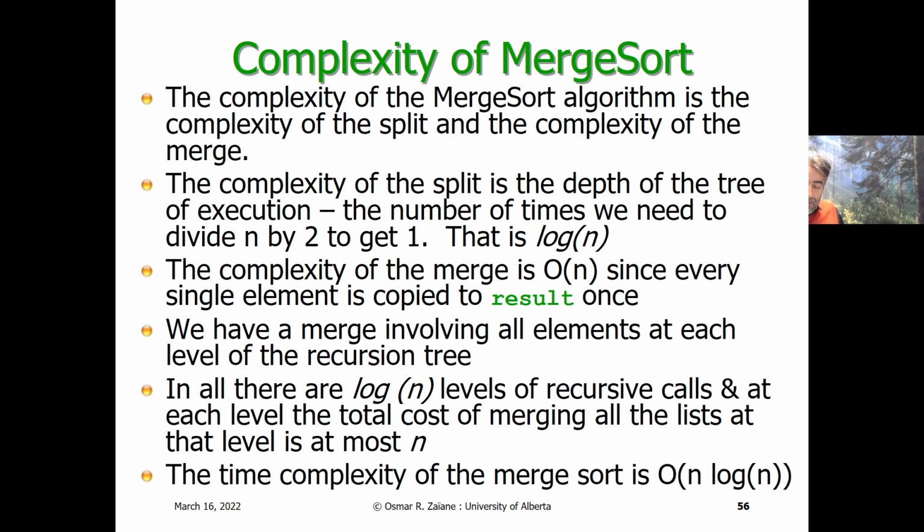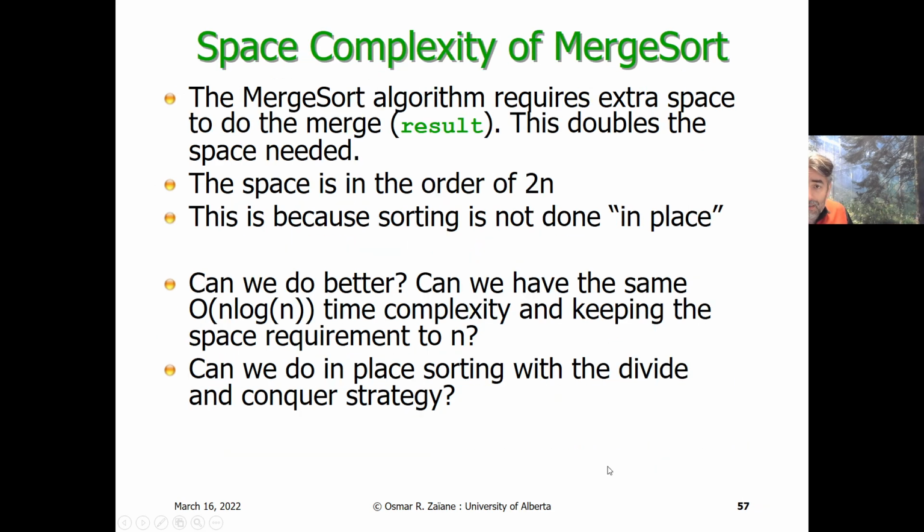Here, because I need that green basket, I need extra space. How much extra space? Well, I need n. So my space complexity, in order to do the merge sort, because of the merge, is 2 times n.